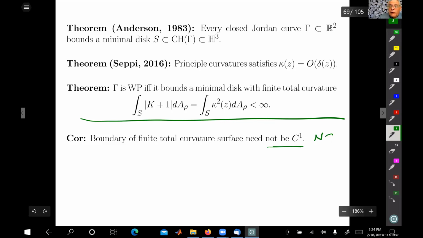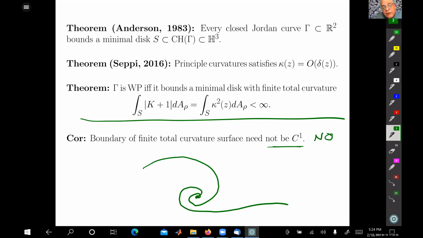And the answer is no, because I already showed you that a Weil-Petersson curve could indeed have an infinite spiral built into it. So the answer to this question is no, the boundaries of surfaces of finite total curvature don't have to be C1.